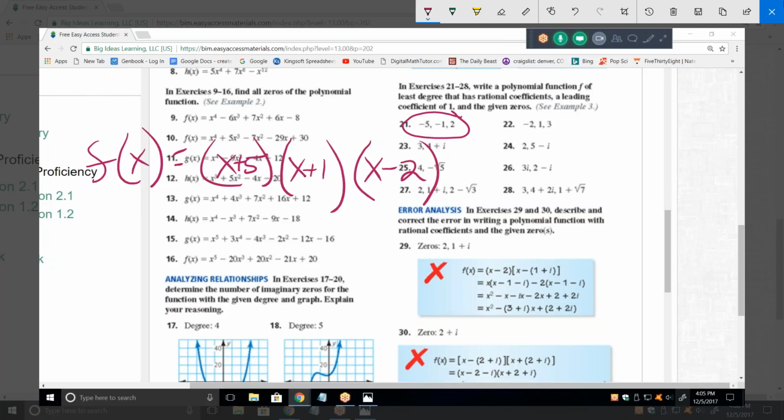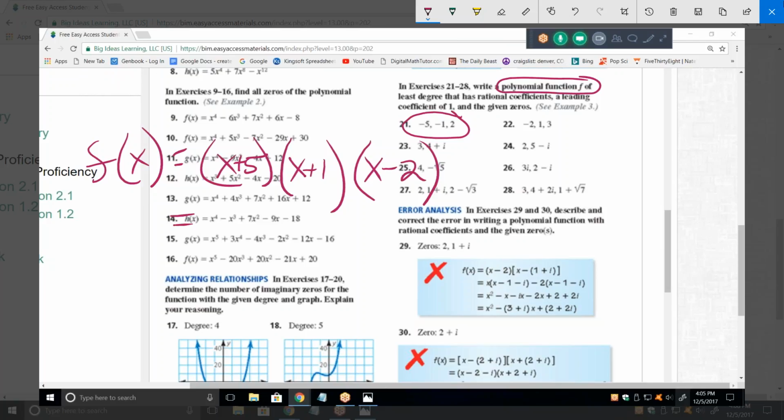But they want it as a polynomial function, so you have to multiply it out. That's the only thing they want different. There's another aspect of this also that we'll deal with once we get to it. So how do you multiply these 3 things together?